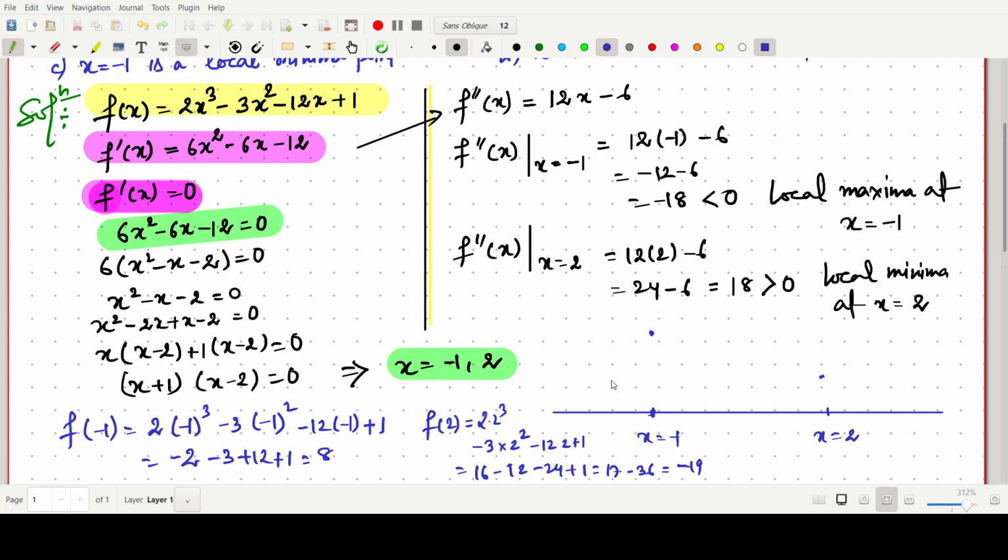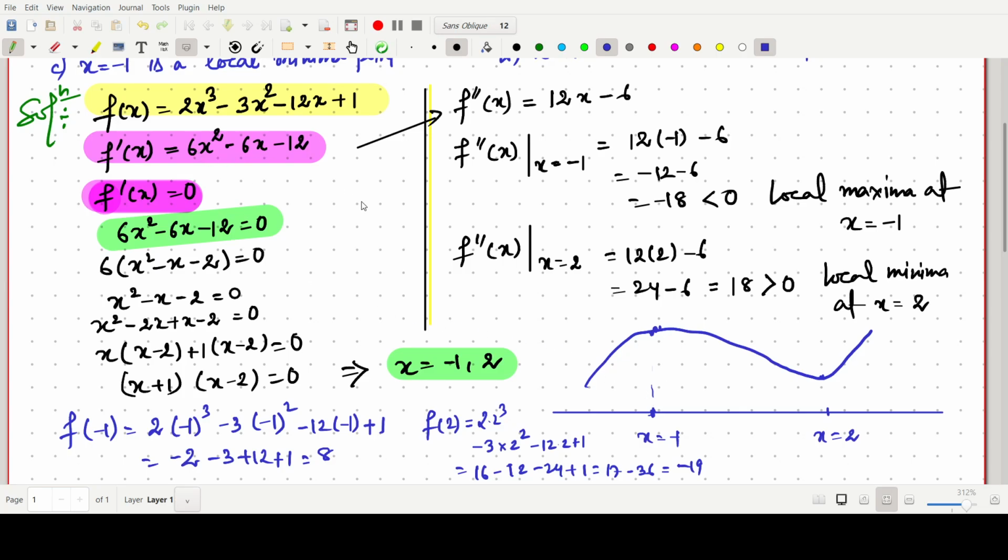Above this the slope will be increasing, so the graph will be somehow like this.